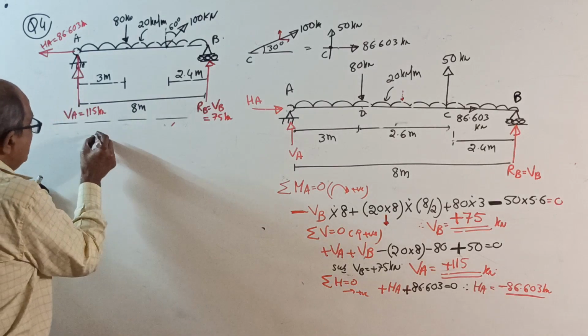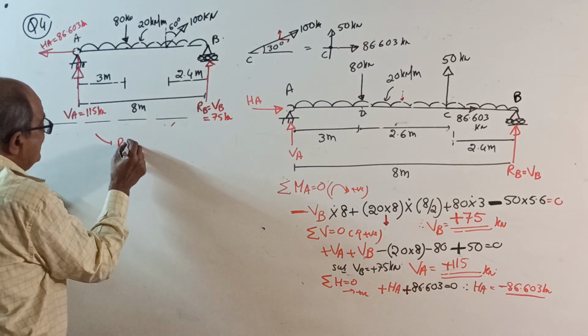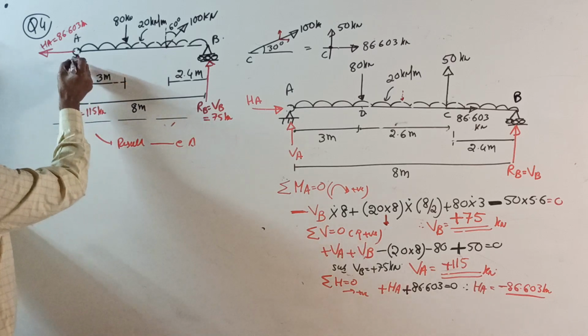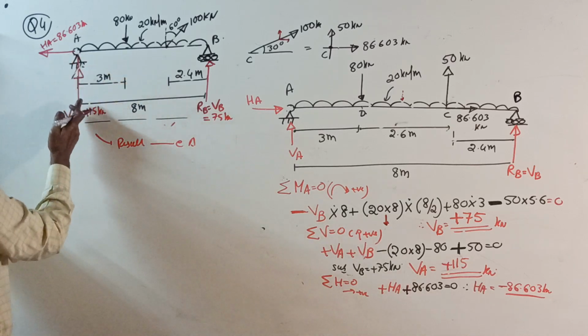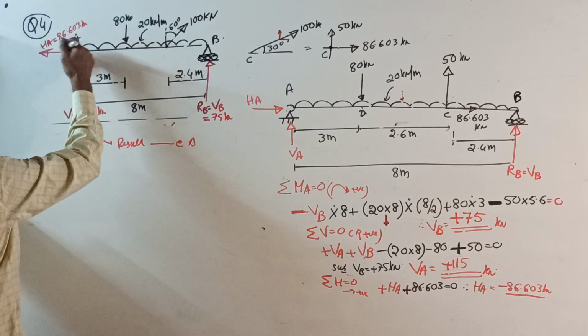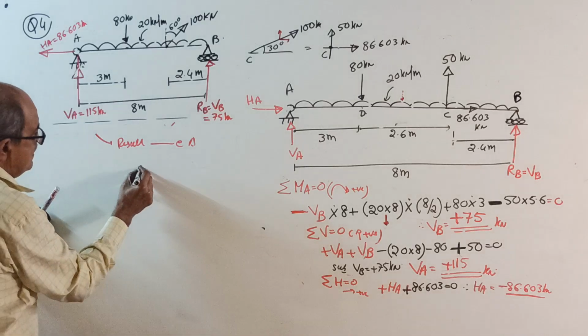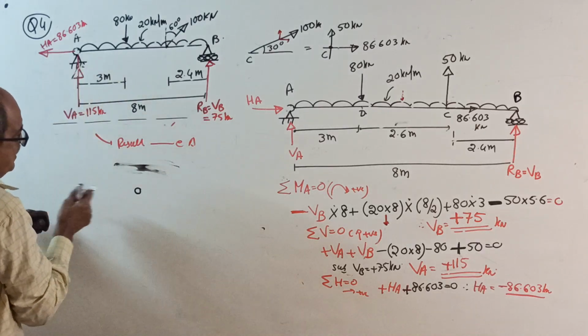Now, in case they want the resultant reaction at A, then be very careful. Never blindly make it this way. See here, one is coming to the joint, the other going away. So what you have to do, when you mark A here, HA is going this way.